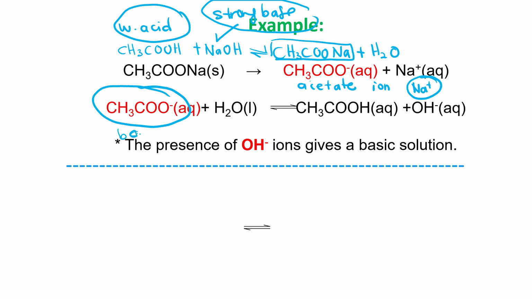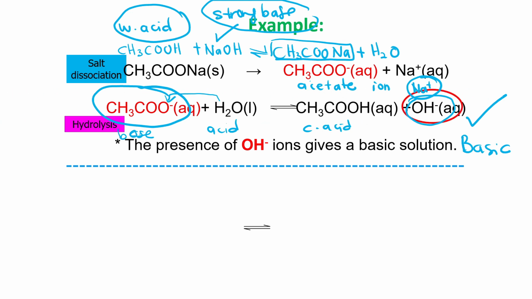In this case this is a base, so dia akan accept proton daripada H2O, because H2O di dalam ini role dia adalah sebagai acid. Bila dia bagi H kepada COO-, dia akan form conjugate acid, which is the weak acid it came from. Then dia akan dapat ion hydroxide. So the presence of OH- ions give a basic solution.